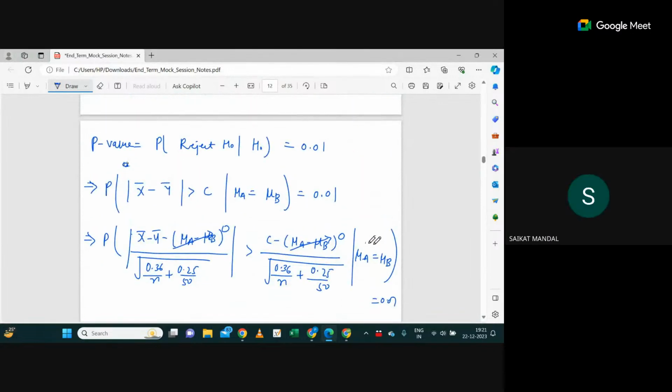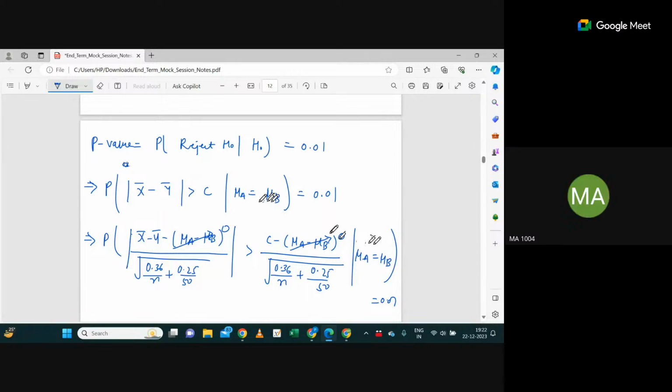Sir, here first we have mod of x bar minus y bar is more than c, and then I am putting this mu a minus mu b inside the mod. Is it the same as if I put mu a minus mu b inside the mod?